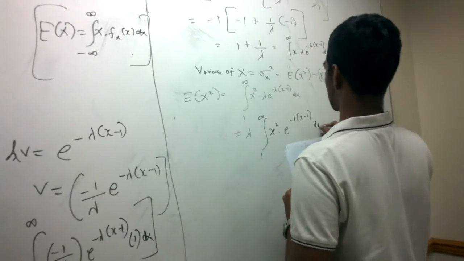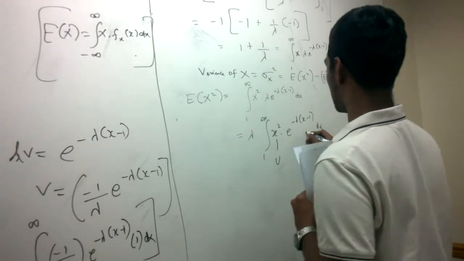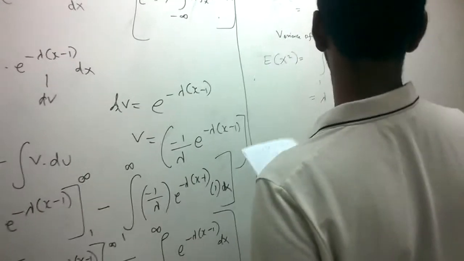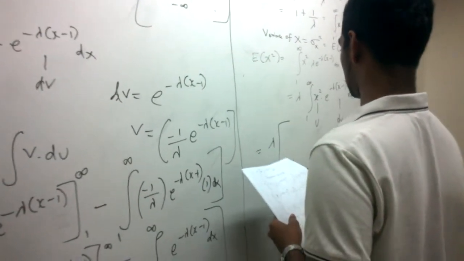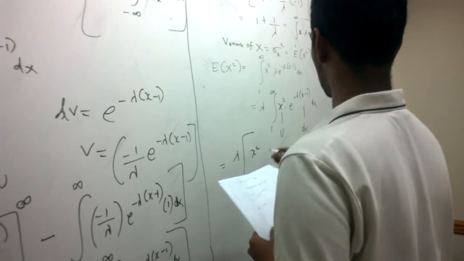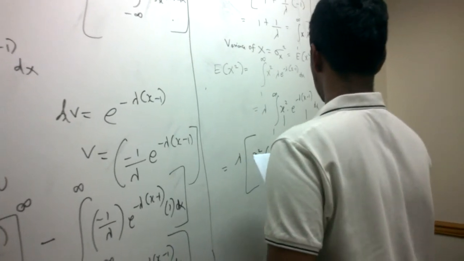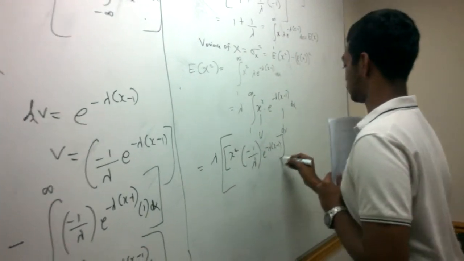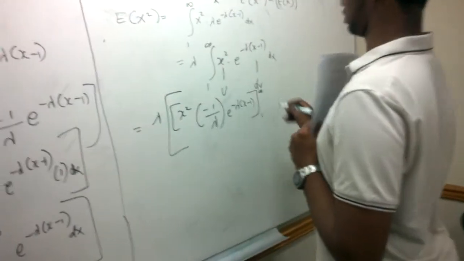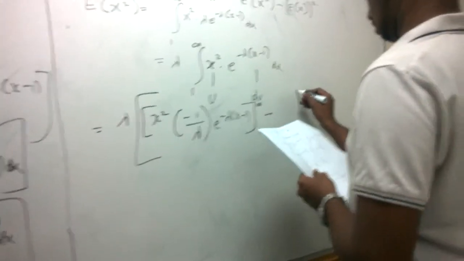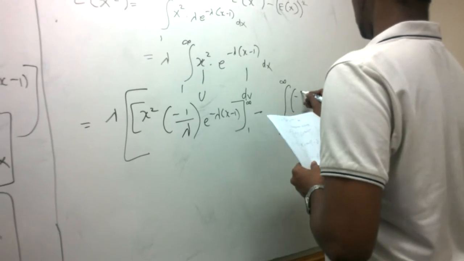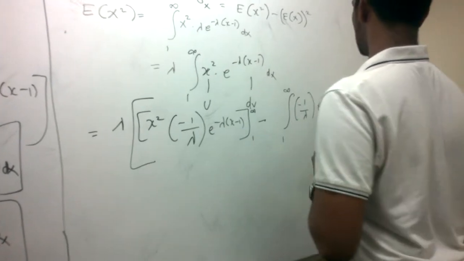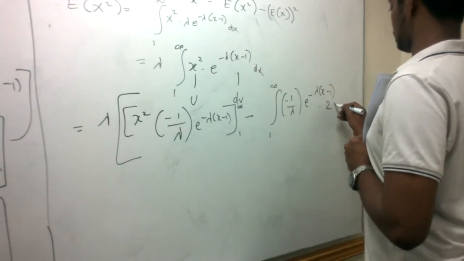Again we have to perform the integration by parts. This is u, this is dv, and we will have the term equivalent to x squared times minus 1 by lambda e power minus lambda (x minus 1), the entire term with limits from 1 to infinity, minus the integral from 1 to infinity of minus 1 by lambda e power minus lambda (x minus 1) into du, which is going to be 2 times x dx.